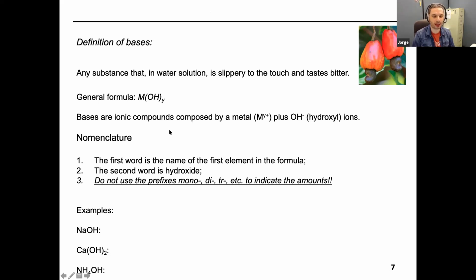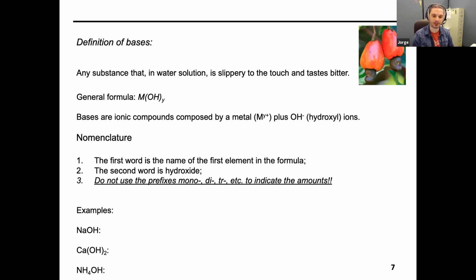Okay, how do you name a base? Super simple. The first word is the name of the first element in the formula. Then you are going to give a space, and the second word is hydroxide. Okay, very simple.